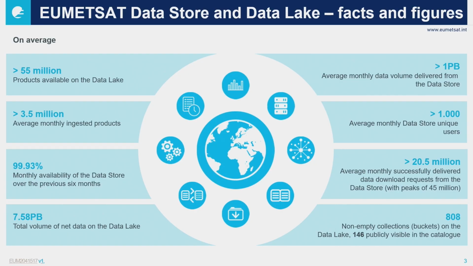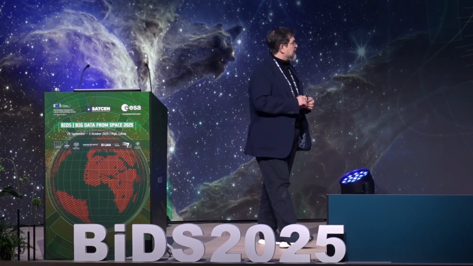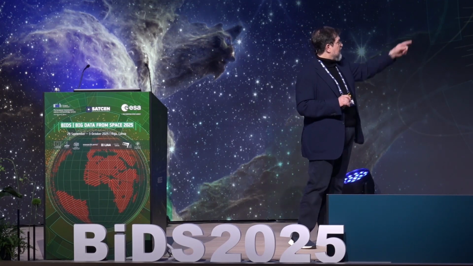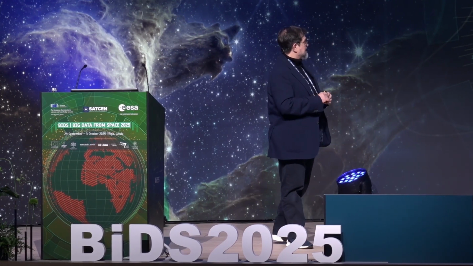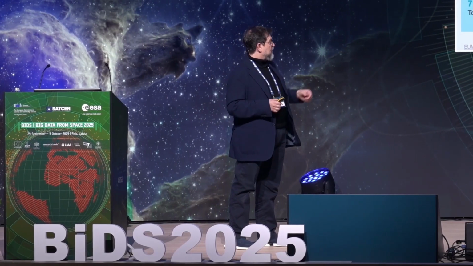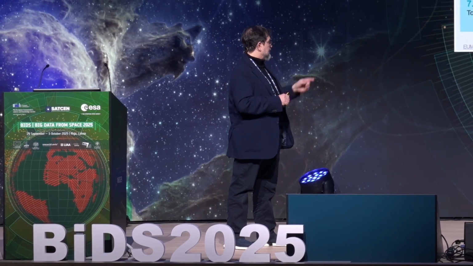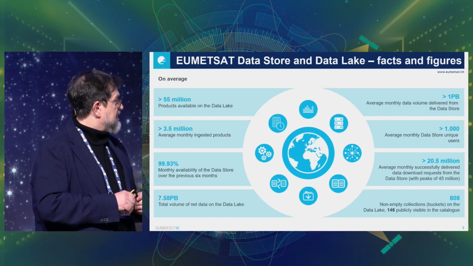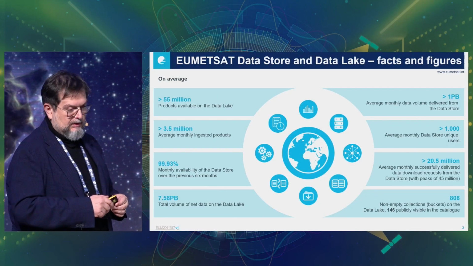On average, our 1,000 unique users are downloading 1 petabyte from the Data Store, and we have on average 20 million successfully delivered. Our data are divided in collections, and we have more than 800 different collections. Out of them, 146 are visible in the catalog.